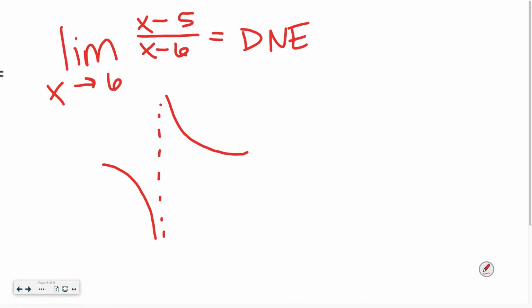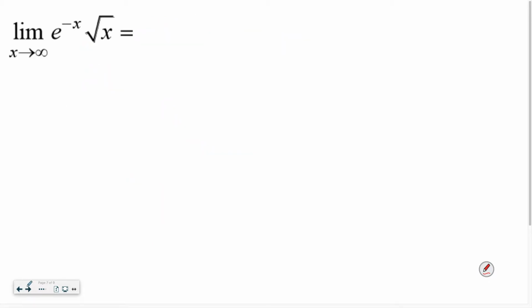My last two examples are going to be the indeterminate form that's not already a fraction for you. You wrote down those other indeterminate forms, and I told you that we were going to focus on one: 0 times infinity. We're going to do a couple examples that look like that. 0 times infinity is not something that we can calculate.